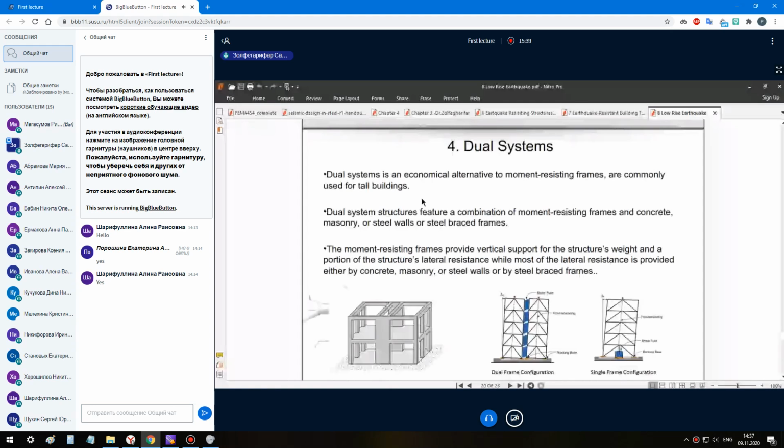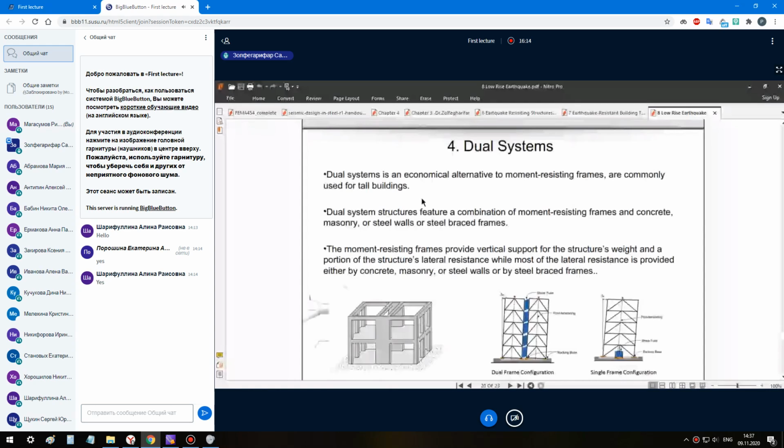You can see dual frame configurations and single frame configurations. As you can see in this schematic shape, the displacement after an earthquake in the single frame configuration is increased and more than in the dual frame configuration, as seen in these schematic shapes.